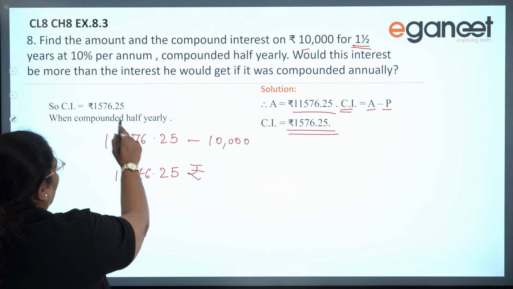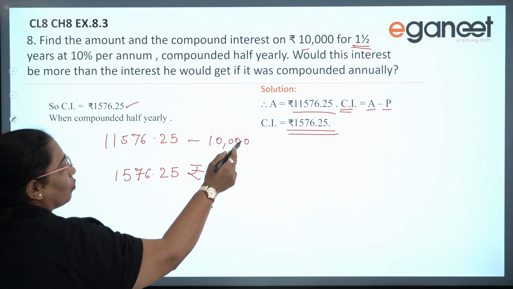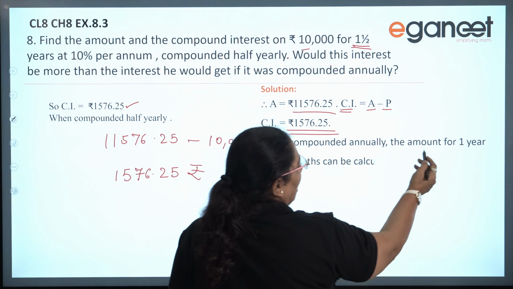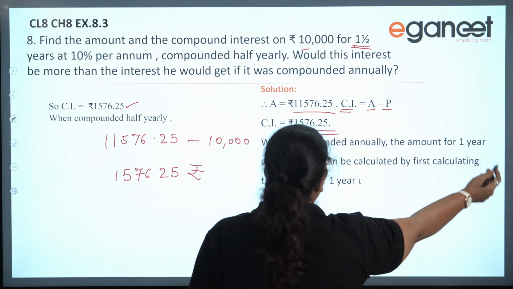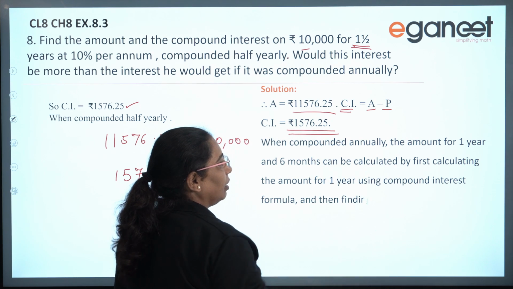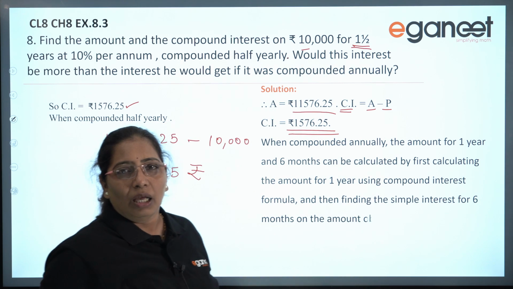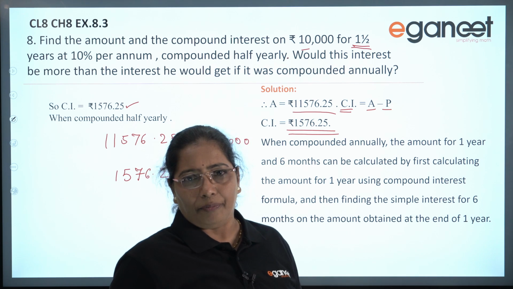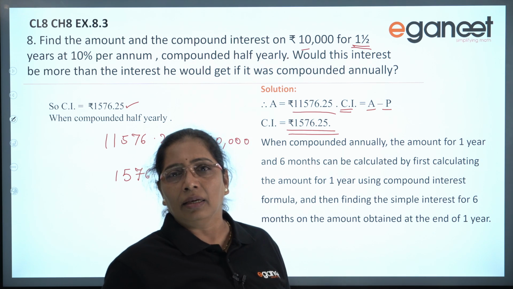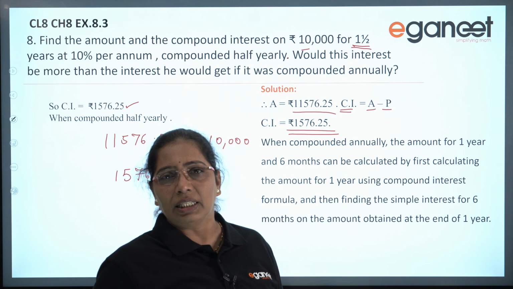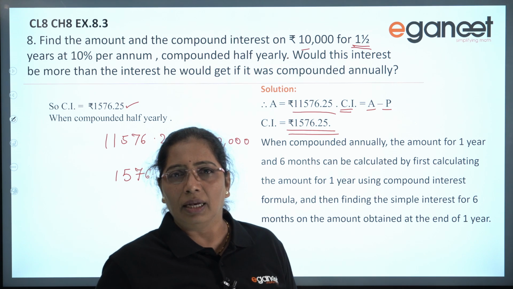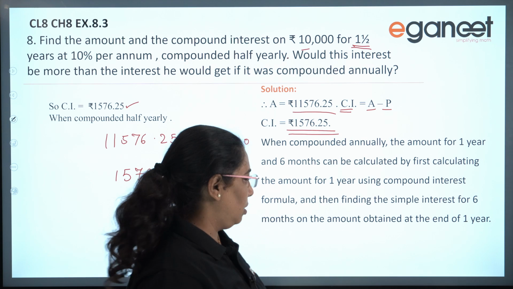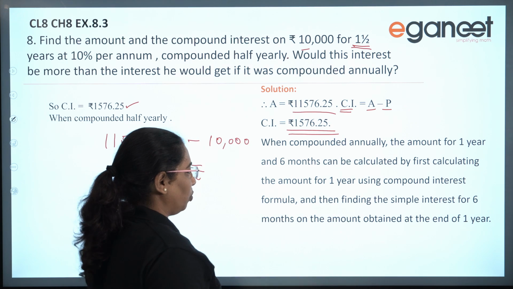So when compounded annually, the amount for 1 year and 6 months can be calculated by first calculating the compound interest for 1 year and then taking that amount as a principal, and we have to calculate the simple interest for the next half year, or 6 months you can say.